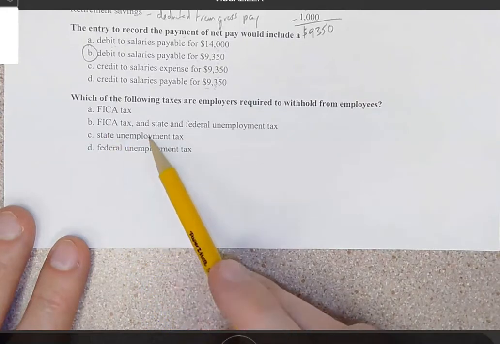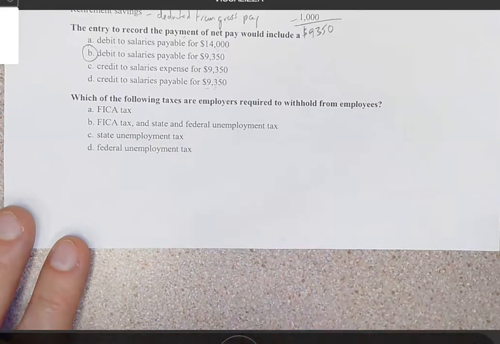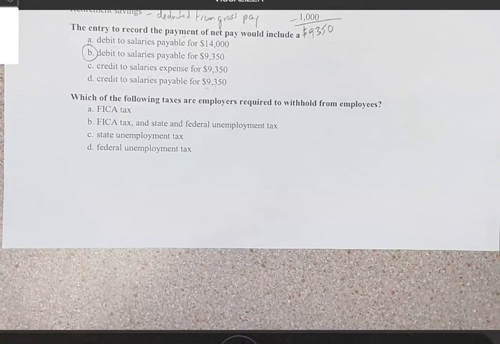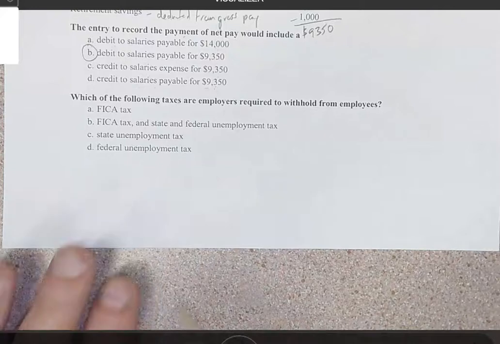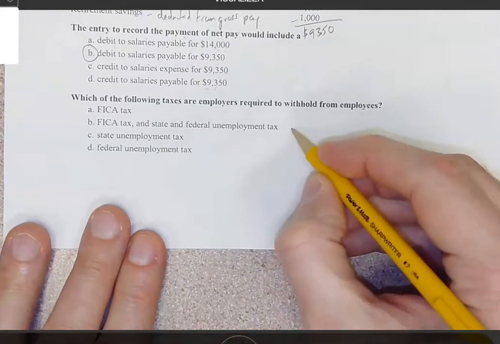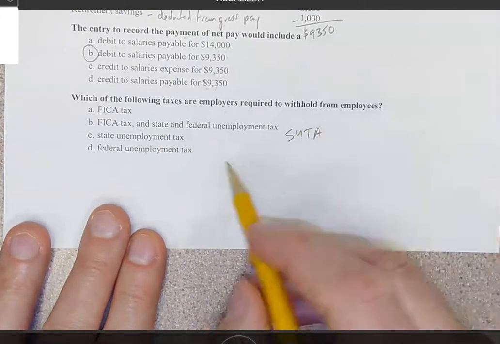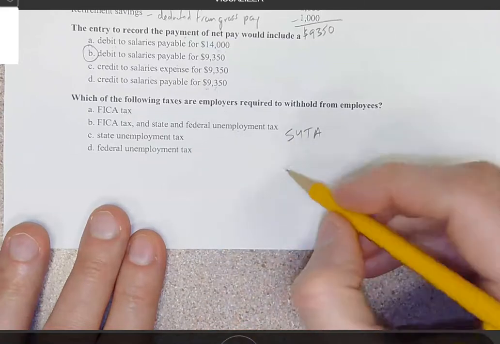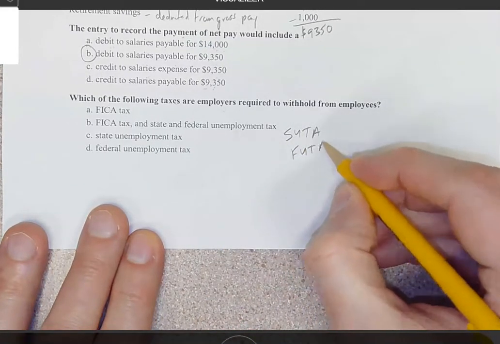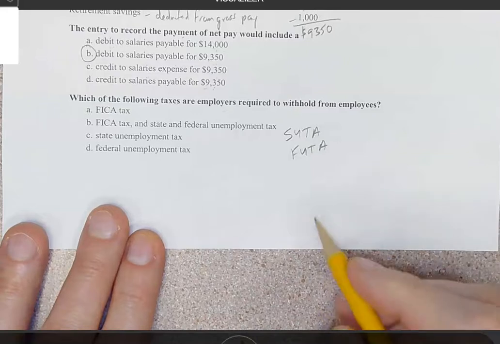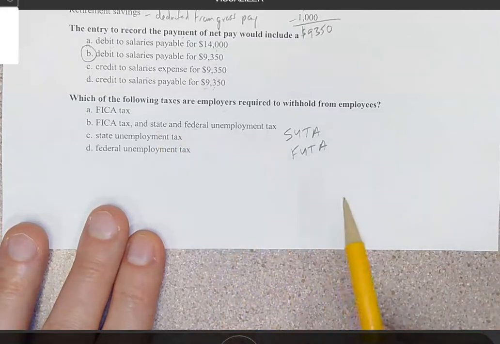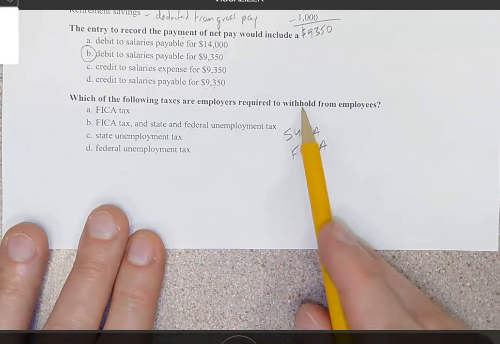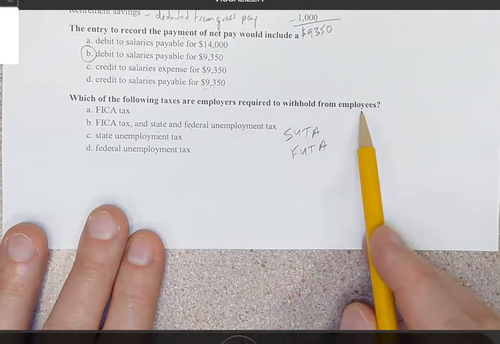But choice B says, and state and federal unemployment taxes. Now, this question could have been a lot trickier if we would have made this just regular state and federal income tax. But we didn't. We made this an easier question. And so what we call state unemployment tax, or SUTA, and what we call federal unemployment tax, or FUTA, okay, these are responsibilities of the employer, but these figures are never withheld from employees.